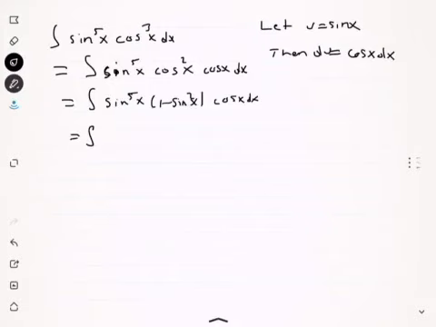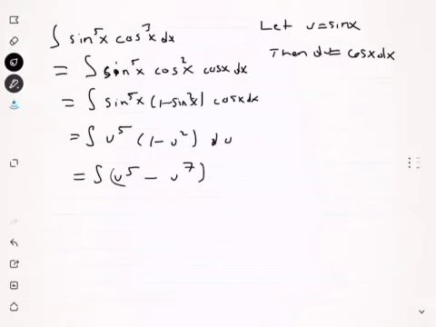By doing all of that, this whole integral becomes the integral of u to the fifth power times 1 minus u squared du, and then multiplying we get u to the fifth power minus u to the seventh power du.